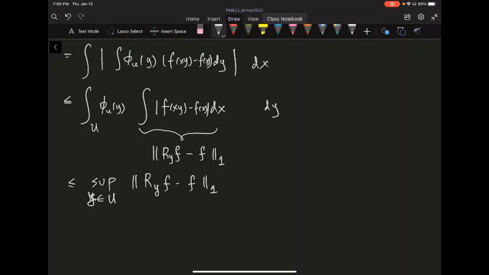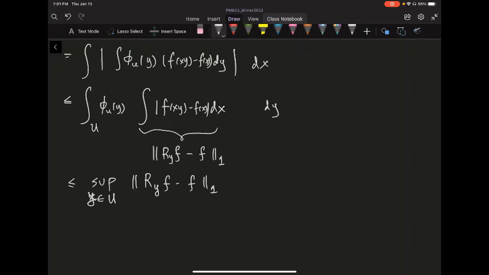This is because phi of y is an L1 function that integrates to 1. So you can show that, think about this integral as a linear functional: you multiply some L infinity function, so it's bounded above by the L infinity norm of this function, the 1 norm of r_y f minus f. We treat it as a function in y.